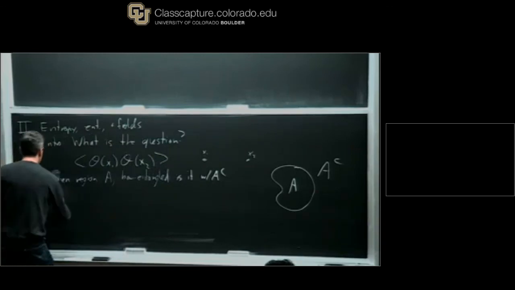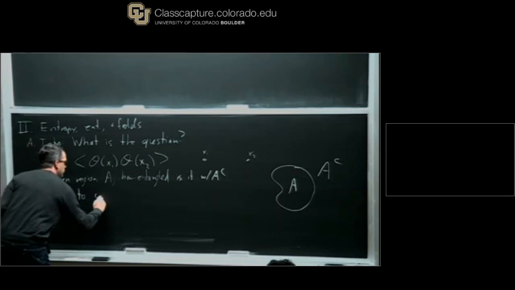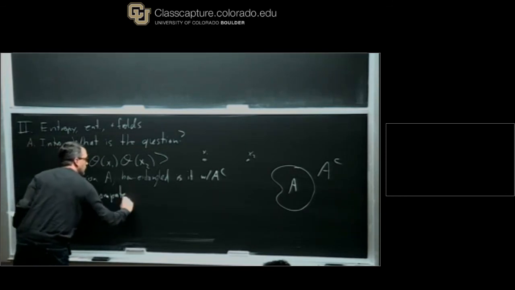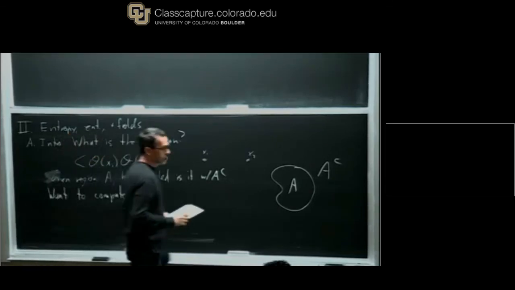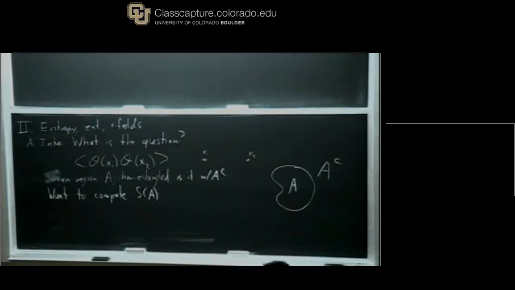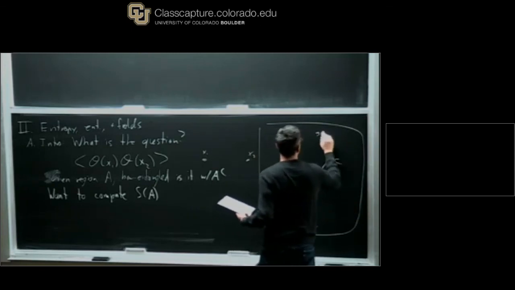And so we want to quantify this by computing what we call the entanglement entropy. And so this picture, by the way, I have some field theory defined on some space.